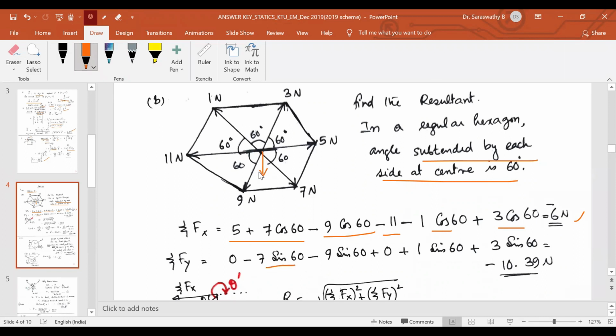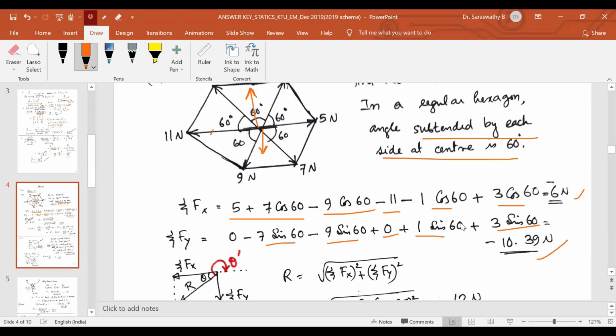For this 9 also, the vertical component will be downwards, 9 sine 60 minus. This 11, it is purely horizontal, so vertical component is 0. For this 1, the vertical component will be in this direction. So 1 sine 60 positive. For this 3 also, the vertical component will be in this direction, 3 sine 60. So totally you will get minus 10.39. I will mark it here.